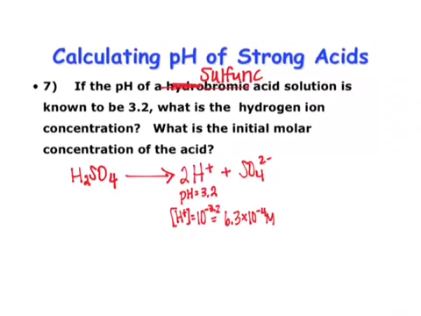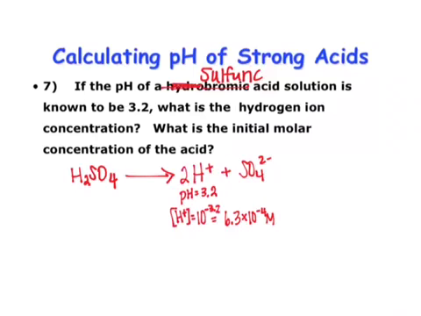So that's the hydrogen ion concentration. What's the initial concentration of this solution? For every one of these, how many of these do we get? 2. So what do I need to do with this concentration here? Multiply or divide?